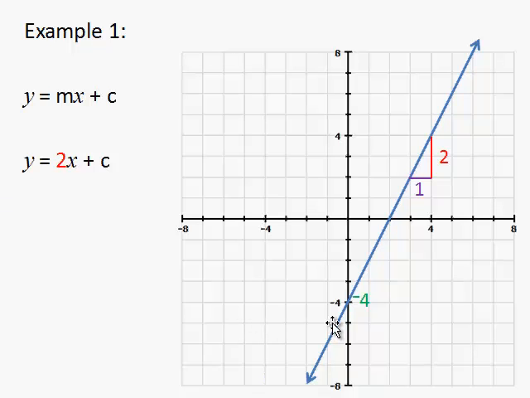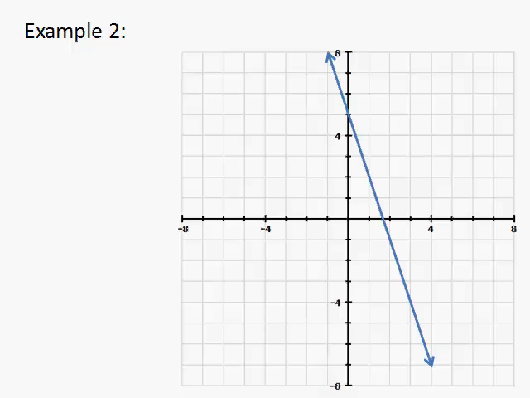Then we note that the line crosses the y-axis, the upright axis, at -4, so we can replace our c with -4. The style y = 2x + -4 is okay, but generally people would write y = 2x - 4.